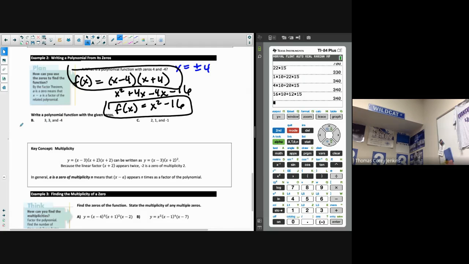So we'd start with f of x is equal to x minus 3 squared, or x minus 3 times x minus 3, times x plus 4.